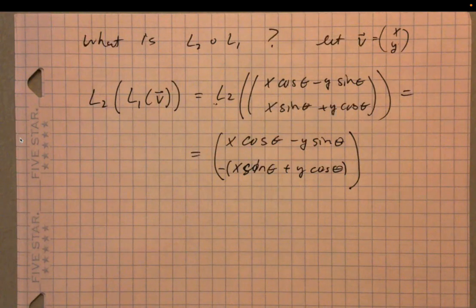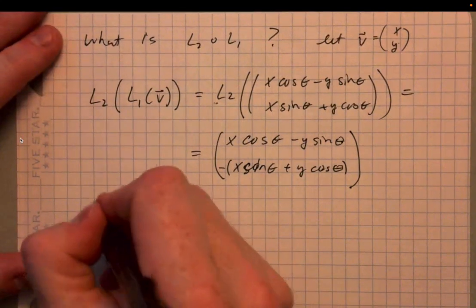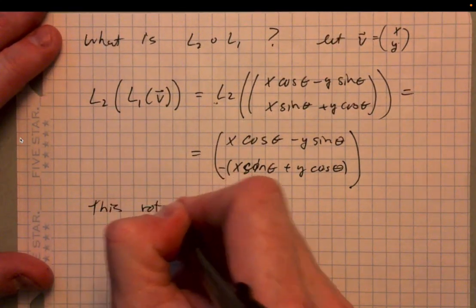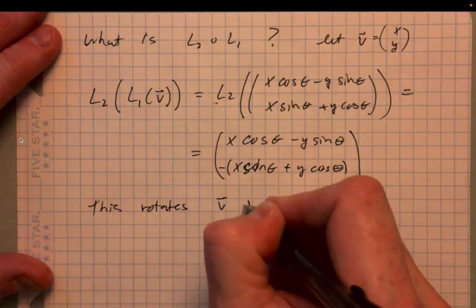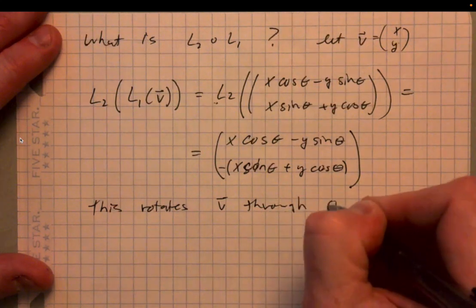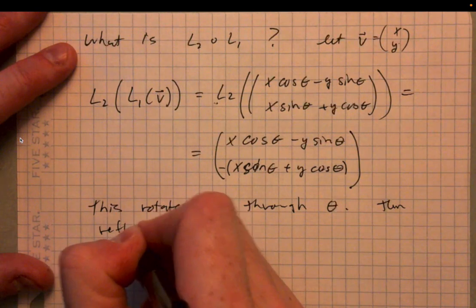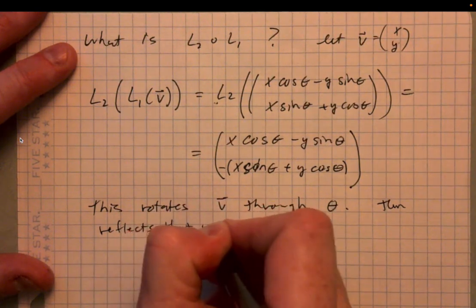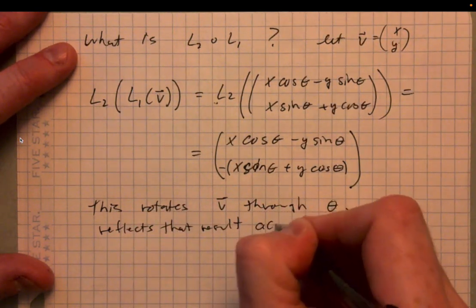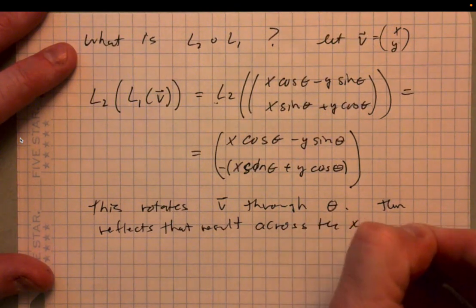So what does this do? Well, it basically rotates v through whatever angle theta it happens to be, and then it reflects the result across the x-axis in this case.